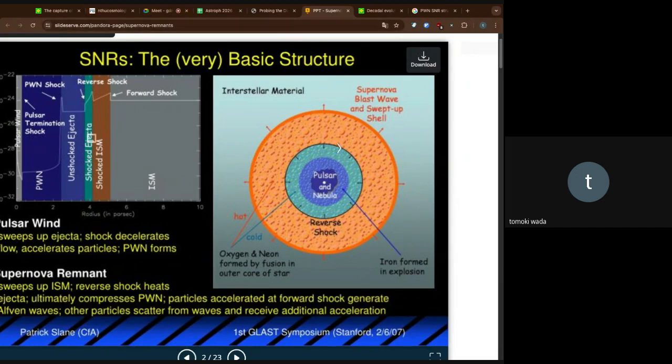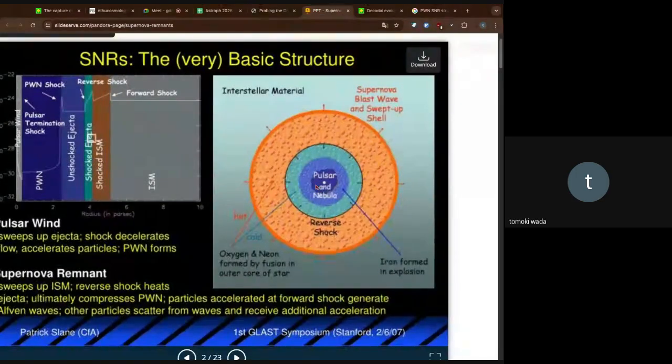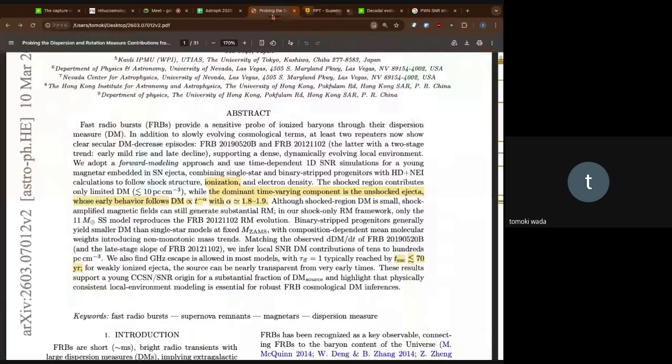In this study, they numerically simulate these structures and evaluate the dispersion coming from each component.